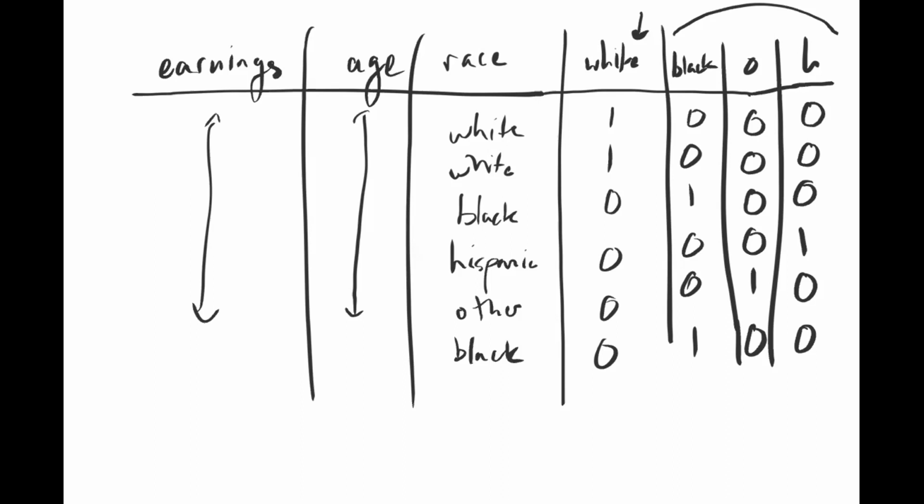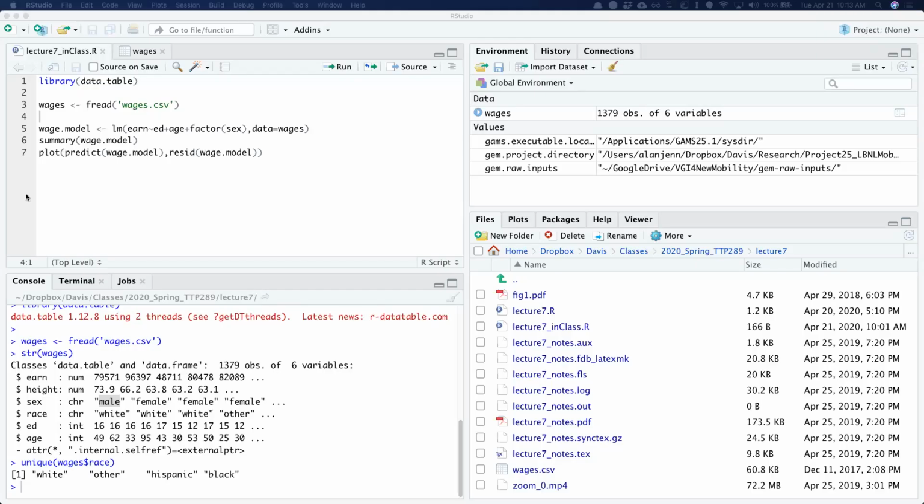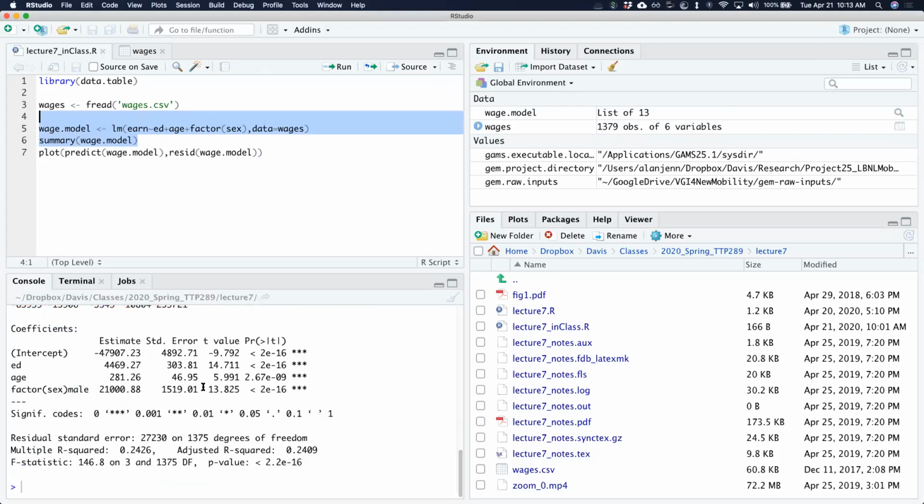So let's hop on back here. In this case, if I run a regression against education, age, and gender, you'll notice again that there is only a single gender term, and the intercept is the thing that represents the other factor.